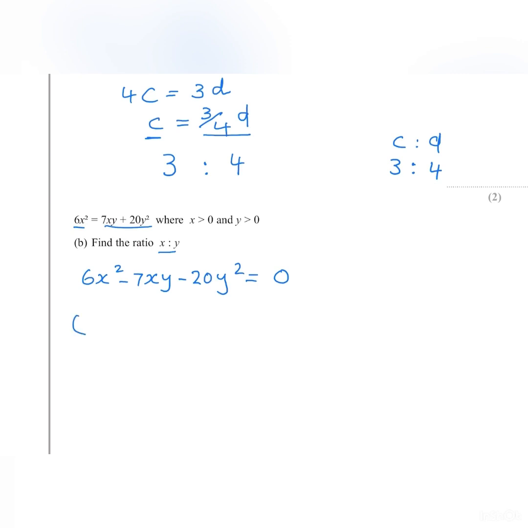Now, if you factorize this, so very quickly, again, you need your factorization skills here. So we know that for y squared, we'll have to have a y and a y, and we got x squared, x and an x. And then find the numbers that multiply to make 6. We have 2 and a 3.